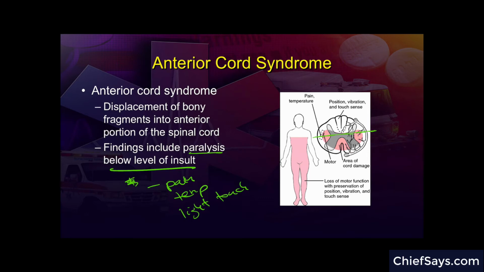Some motor still could be present depending on where the injury is, but position and vibration sensations might also somewhat be present and not fully separated. So in this picture, we're showing the injury point in pink, and if the injury was right here, we would lose these sensations highlighted in pink in the body below the level of injury at that point.